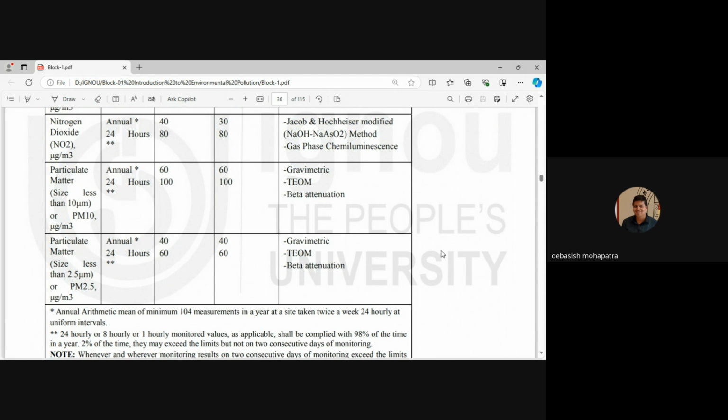This is by gravimetric, TOEM or beta attenuation. Then particulate matter of size less than 2.5 micrometer, or PM 2.5, microgram per meter cube, that is also for 24 hours, 40 and 60, and it is also the same.